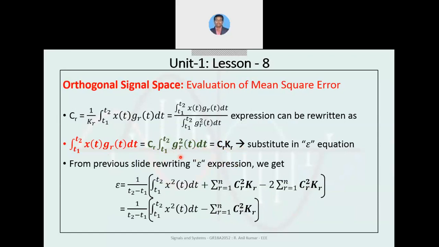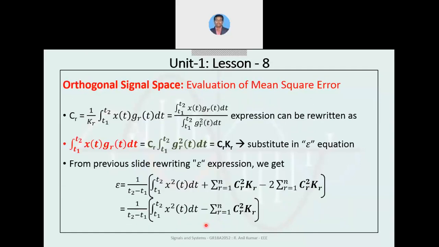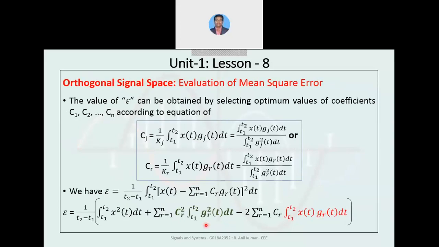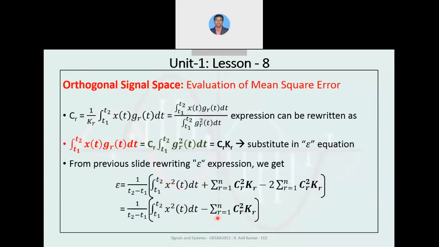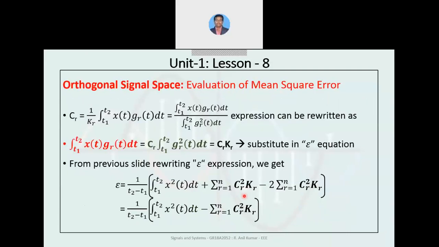After writing this expression in place, the integral of gr of t is also represented with cr here. So in the expression we have cr square, and here we already have cr. For this reason we get cr square kr.